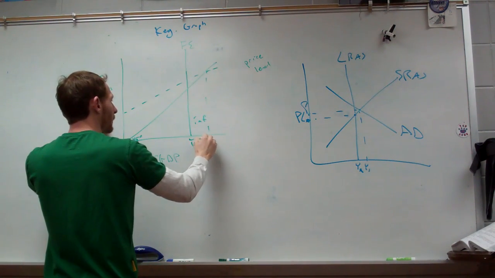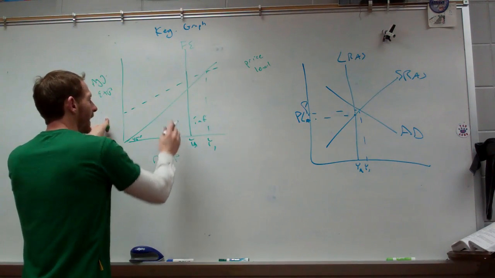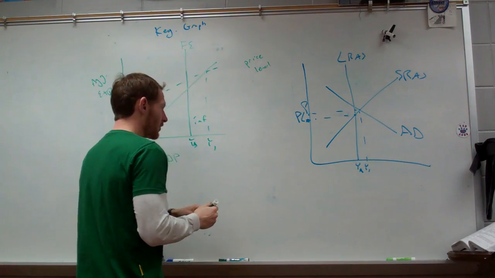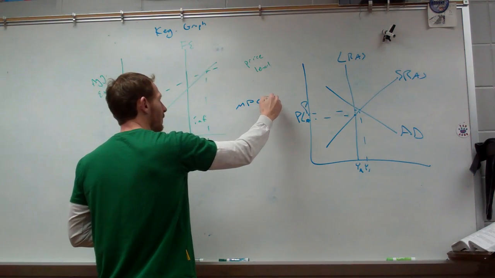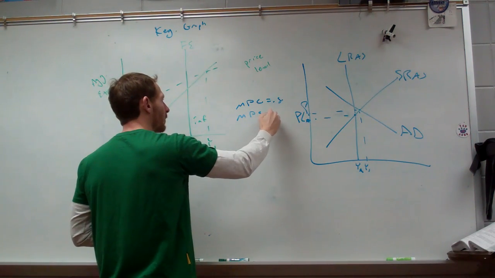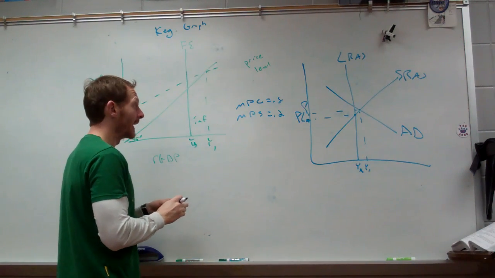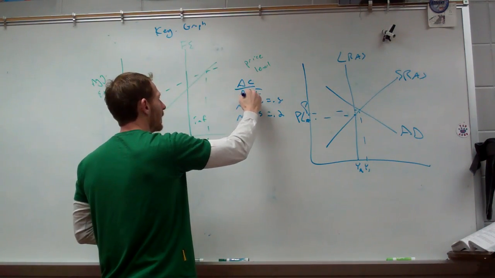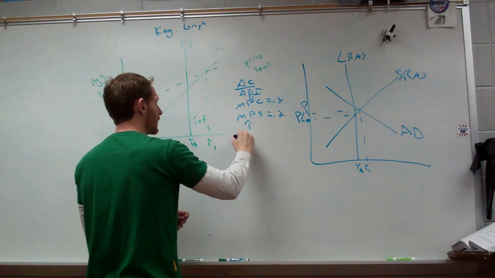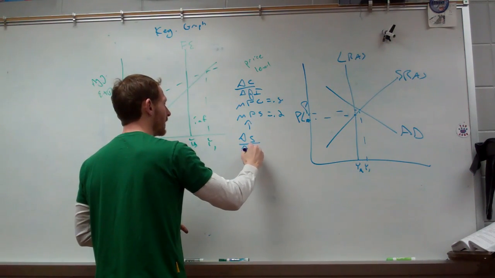Here's full employment output, here's current output, and so we're in an inflationary state. And let's say we'll use the same numbers, we'll say MPC equals 0.8, we'll say MPS equals 0.2. We know that we get MPC because it's a change in C over a change in DI, much like MPS is a change in savings over a change in DI.